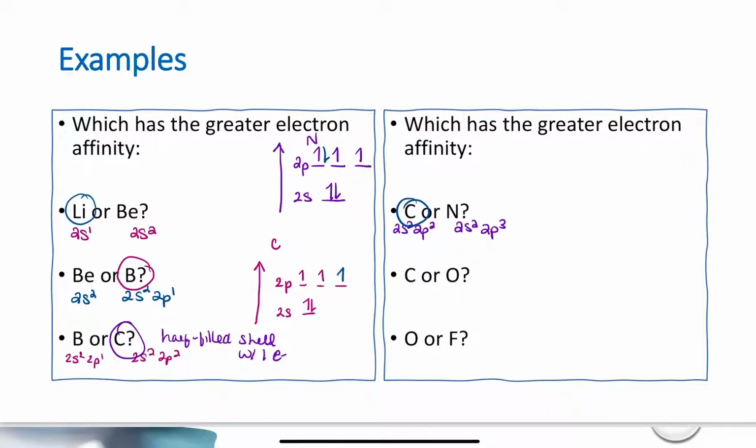Carbon is going to be more willing to pay. For nitrogen, it's going to destroy the half-filled shell, which has greater stability. For carbon, it's going to create a half-filled shell. Which is more advantageous.